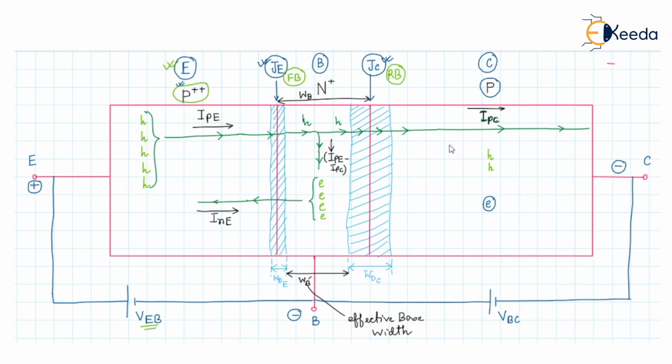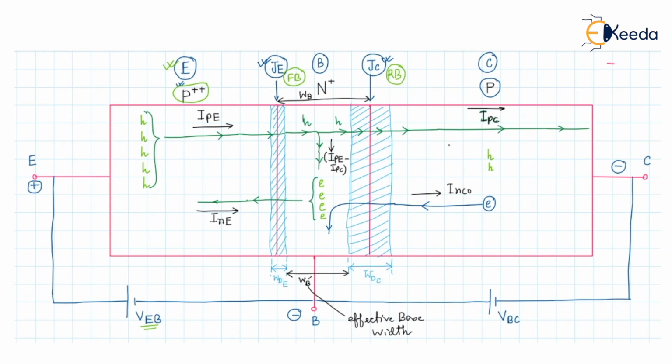That's why these electrons will flow and cross this JC junction. Because the JC is reverse biased, this minority carrier can cross the junction and flow into the base. That's why we will get a current of INCO, that is the minority carrier current due to the electrons, in the opposite direction of this electron flow inside the collector.